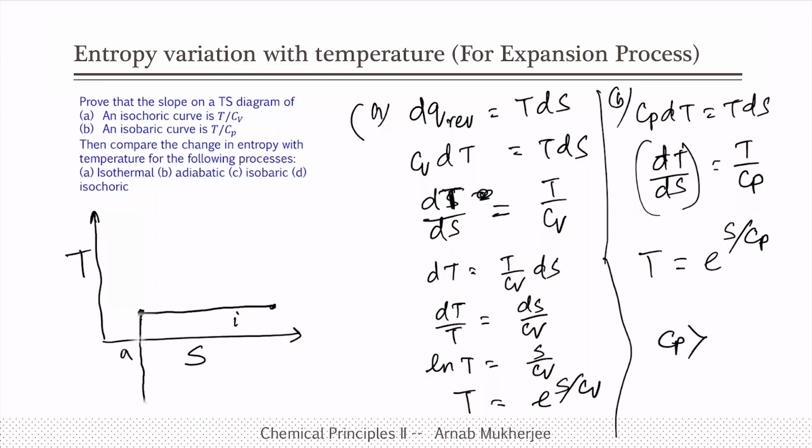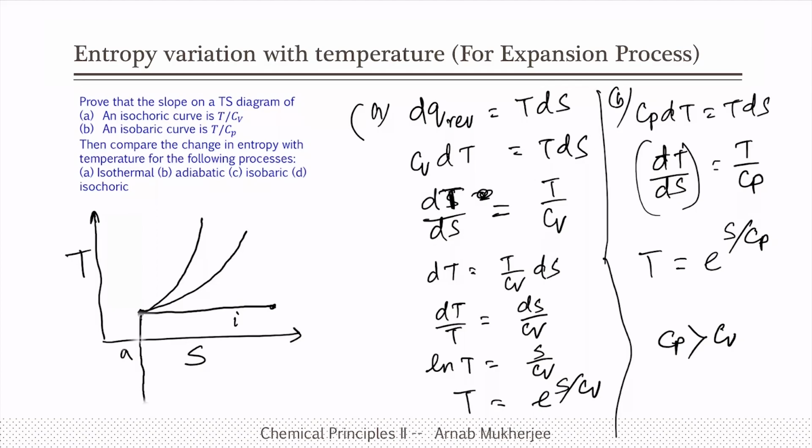We know that Cp is greater than Cv, right. So S by Cp is a smaller number, and S by Cv is a bigger number because Cv is smaller. Therefore, the isobaric process will go exponentially, and the isochoric process will be even higher, with a higher exponential.